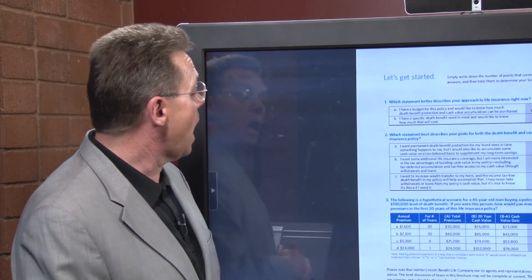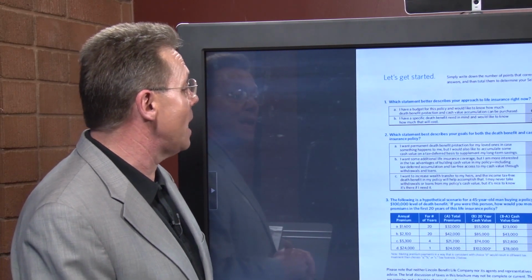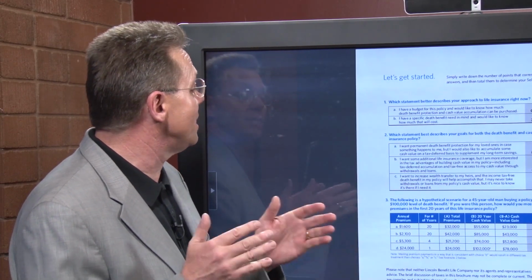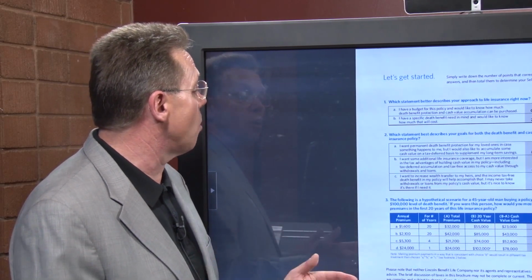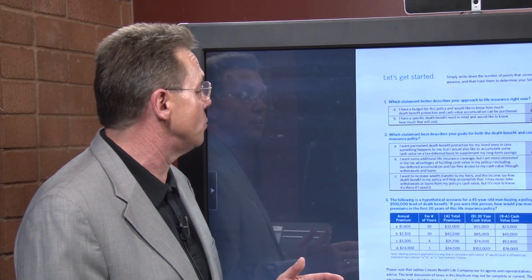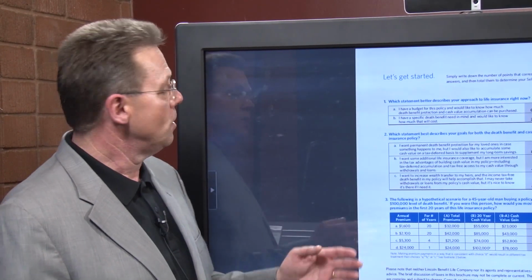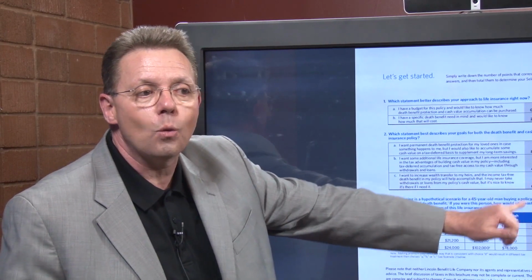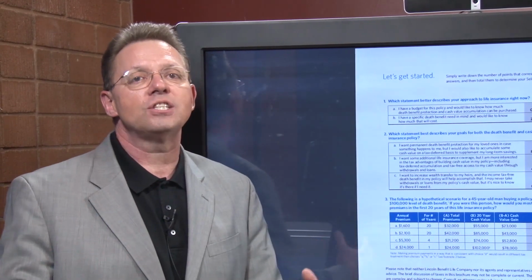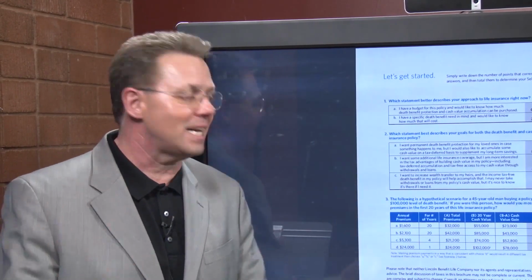Or the third one, I want to increase wealth transfer to my heirs, and the income tax-free death benefit in my policy will help accomplish that. I may never take withdrawals or loans from my policy's cash values, but it's nice to know it's there. Notice that there are 3 different types of people, and they assign a numeric weight to this. It's gauging, it's a measurement, it's a way of assessing.